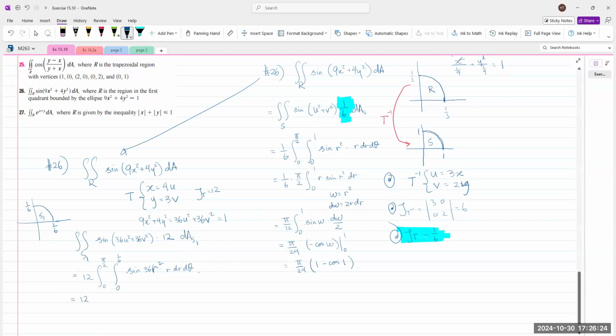That's 12 times pi over 2 times, if w equals 36r squared, dw will be 72r dr. The integral from 0 to 1/6 of sine w, r dr will be dw over 72.